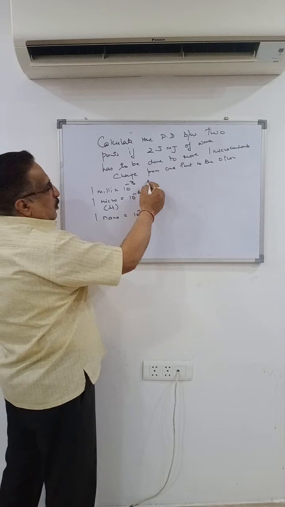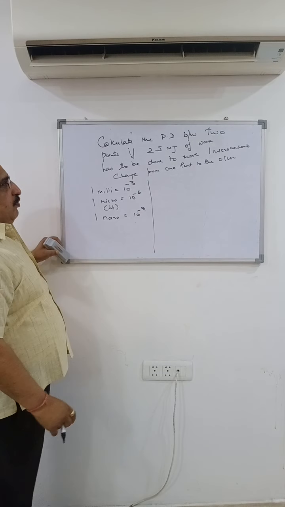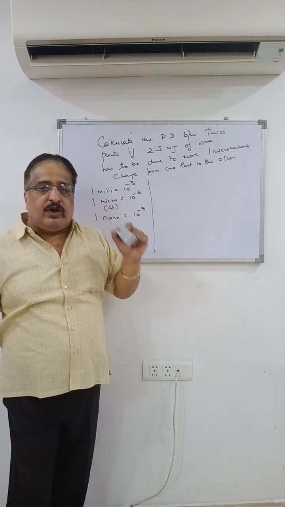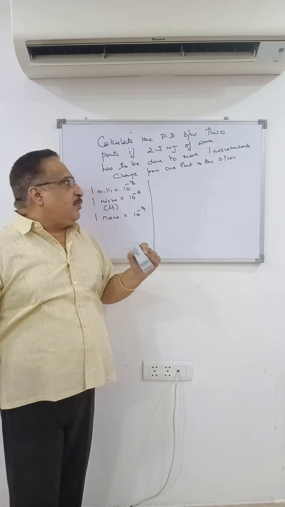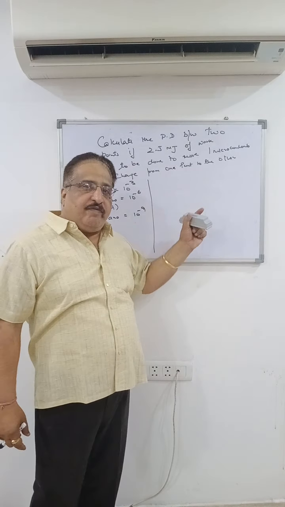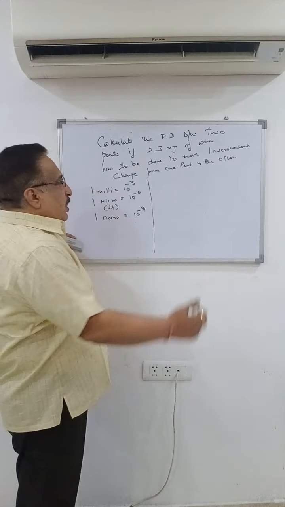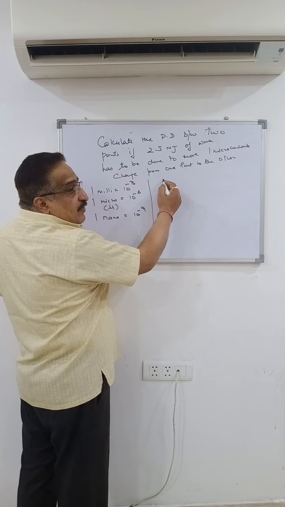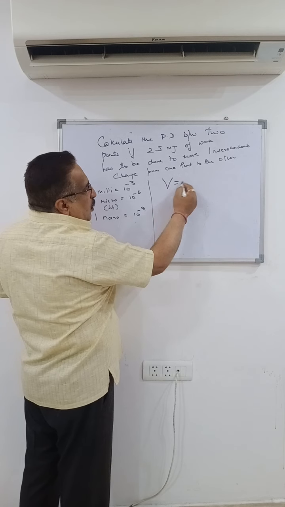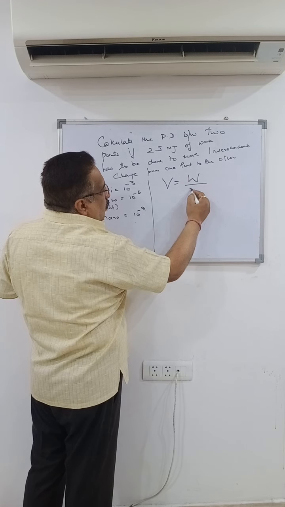Okay? Now to the question. Before solving the numerical as a whole, you have to write the formula. Because in boards, you will be getting marks for writing the formula, putting in the values, and then calculating the sum. Now, the formula will be V is equal to W upon Q.